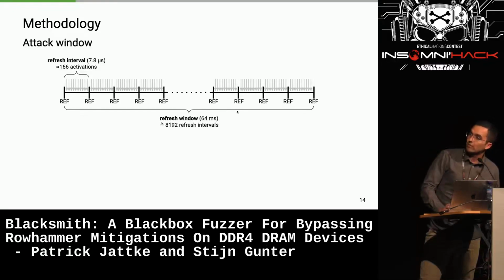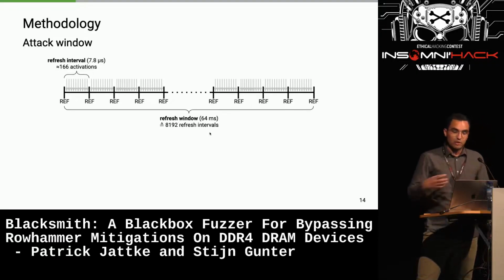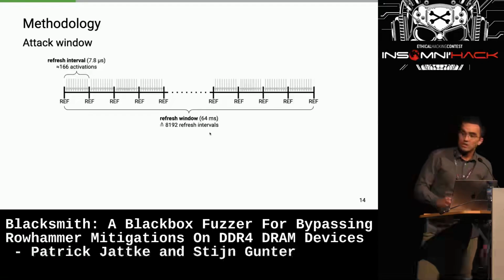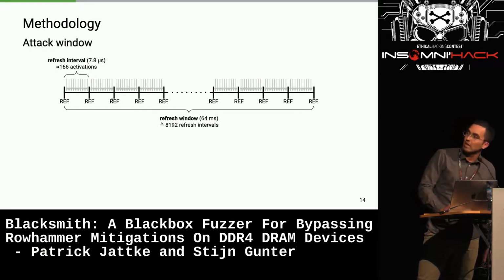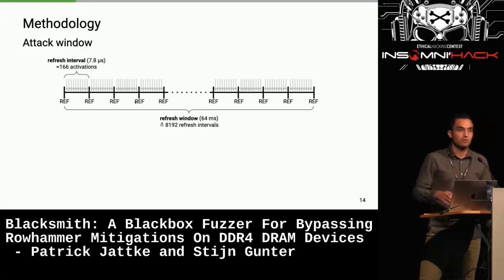You can see a timeline that represents this refresh window of 64 milliseconds. To refresh each of the DRAM rows in that 64 milliseconds, you must send around 8K refresh commands. Each of these refresh commands refreshes some of the rows in the DRAM device.